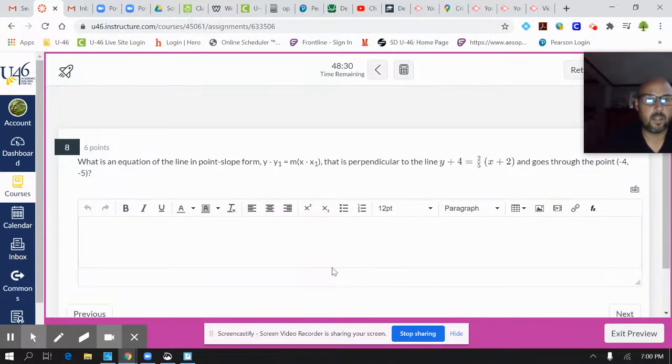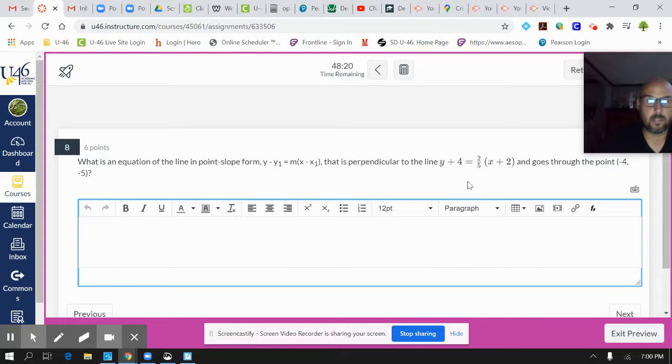Number 8, an equation of a line in point-slope form that's perpendicular to this and passes through negative 4, negative 5. If it's perpendicular to that, then its slope is the opposite reciprocal. This line's slope is 2/5. The opposite of 2/5 is negative 2/5.